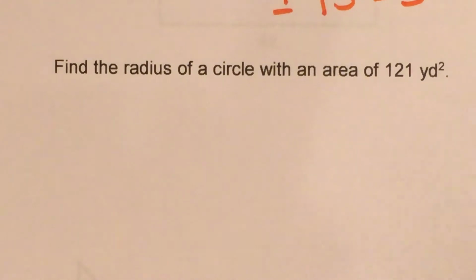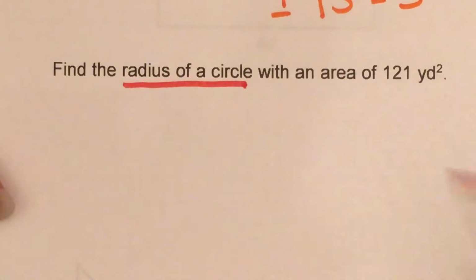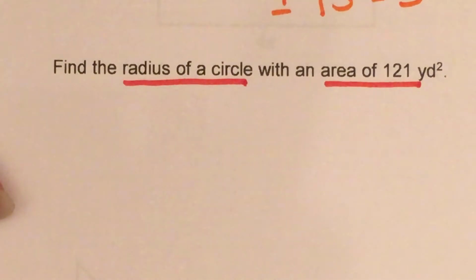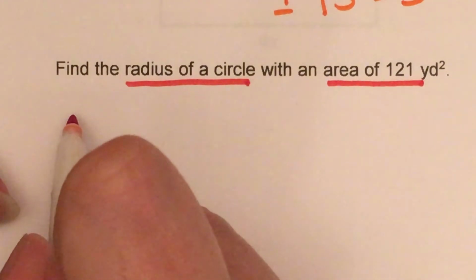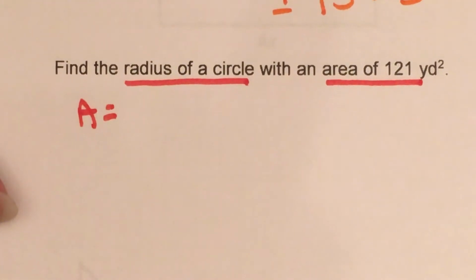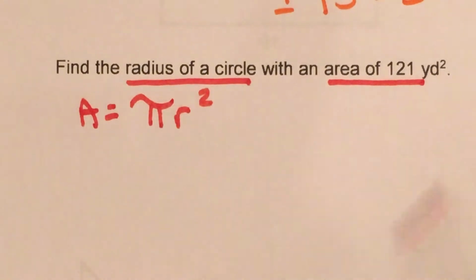Find the radius. I need to find a radius of a circle. And that circle has an area of 121 yards squared. So do you remember the formula to find the area of a circle? It's pi r squared.